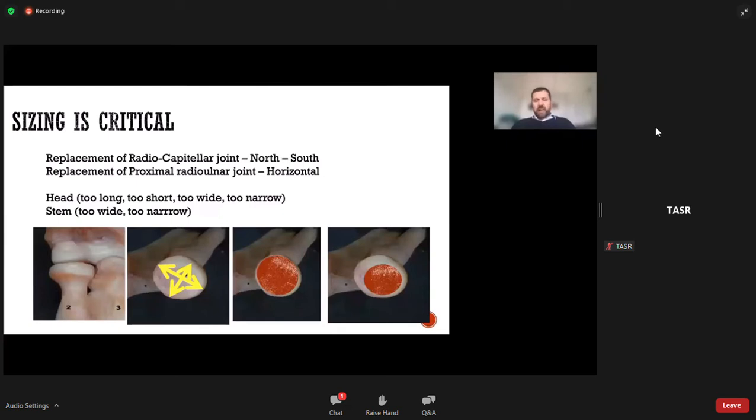Sizing is critical. As I was telling you before, you want to have a correct radial head replacement. So in the horizontal plane, you want to size it such that it's not too big, too wide, and not too small. When you take the radial head in your hands, you will see that there is a sigmoid portion, the outer portion that works specifically for the proximal radioulnar joint.